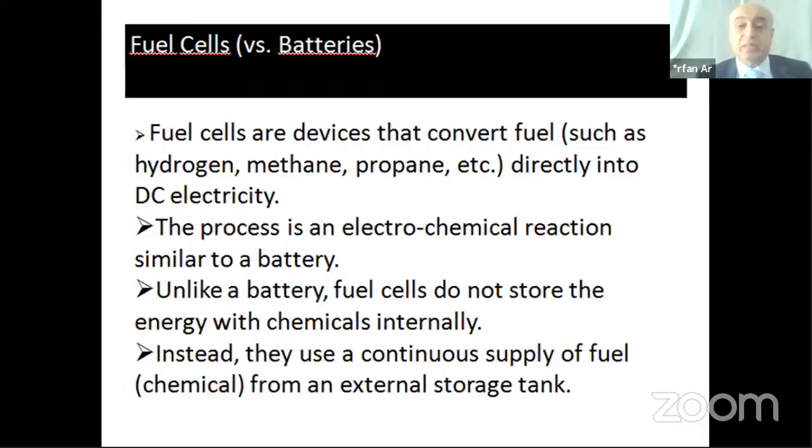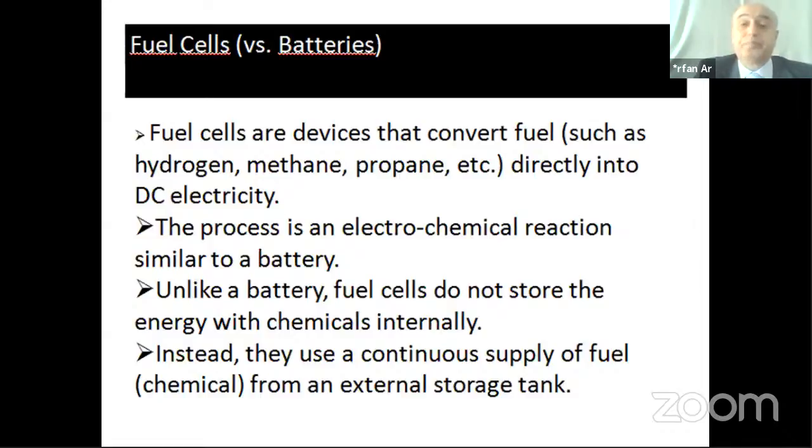Fuel cells are the devices that convert fuel directly into electricity. Directly is important because it provides the high energy conversion for the fuel cells. In internal combustion engines, we have a maximum efficiency of around 30%.